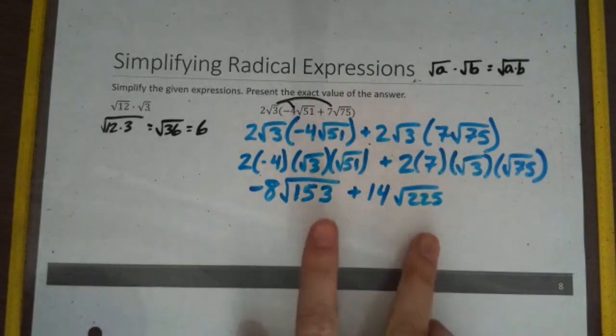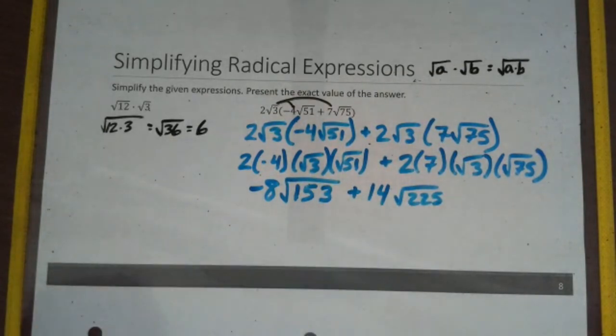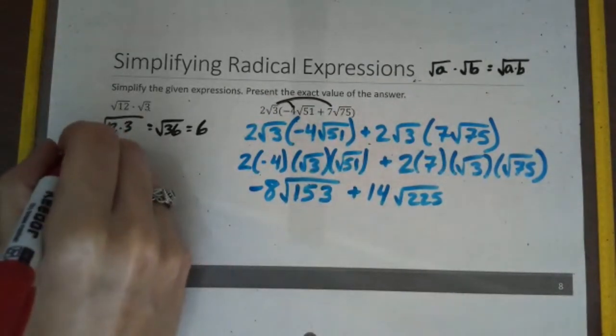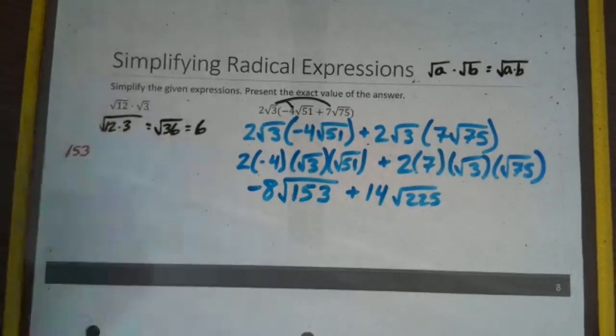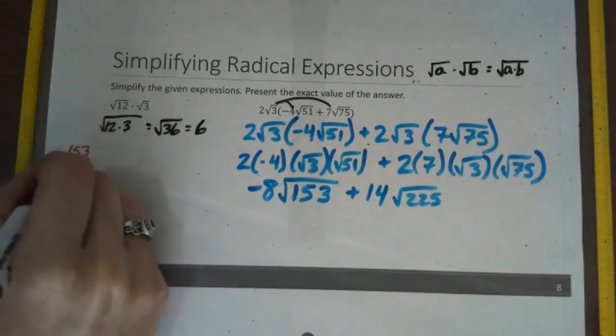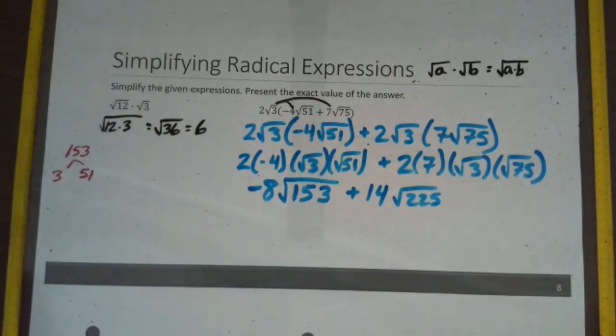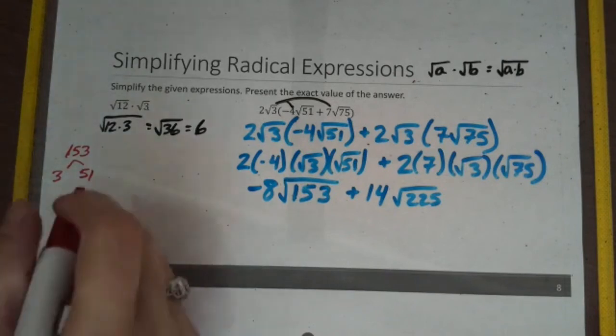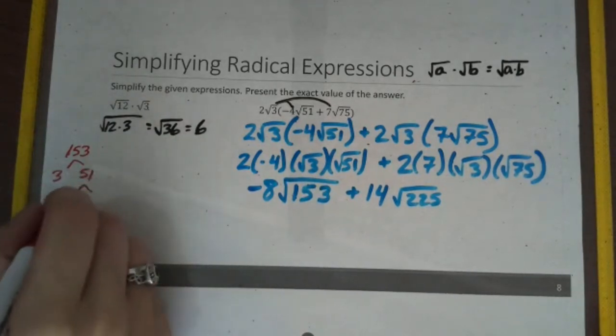Now I need to see if either of these break down so that we can simplify our radicals. So I'm going to do the prime factorization trees. 153. Well, it's not divisible by 2, but it is divisible by 3. It's 3 times 51. 51 also happens to be divisible by 3.